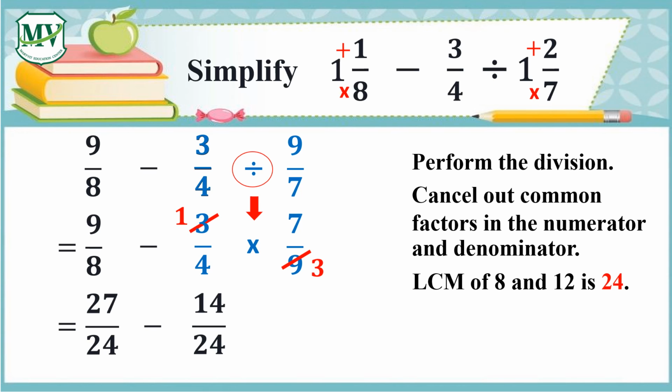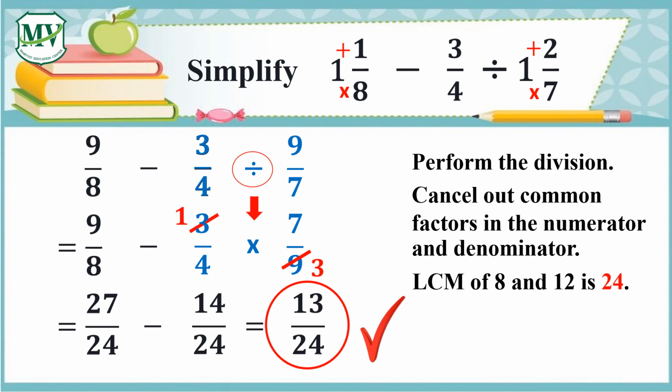Now, we can subtract these two fractions. What do you think is the answer? Good job! We have 13 over 24. 13 over 24 cannot be simplified any further. Therefore, this is our final answer.